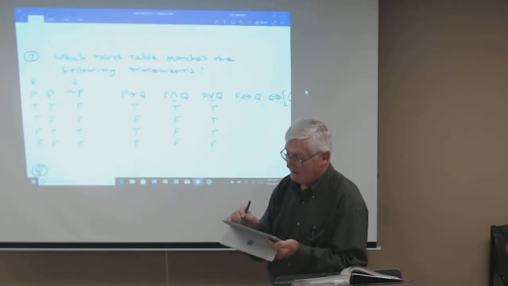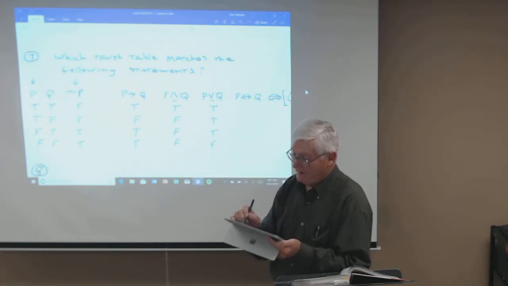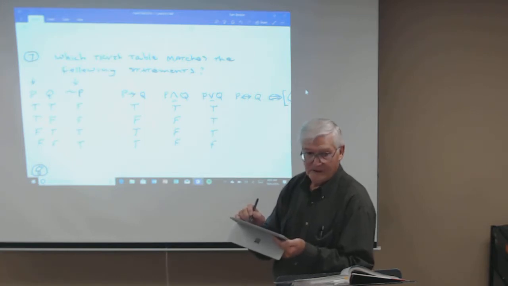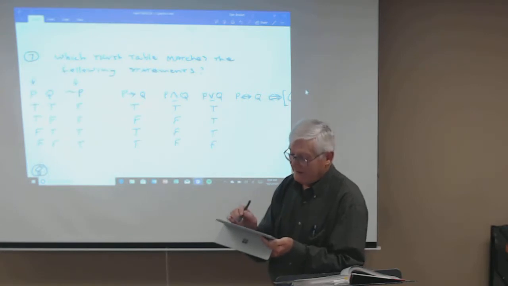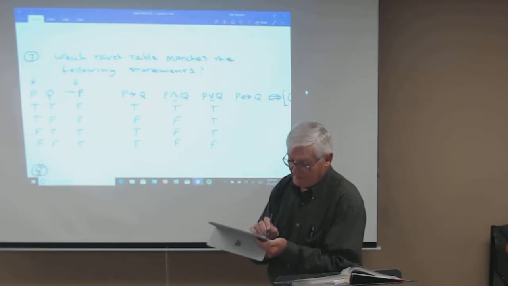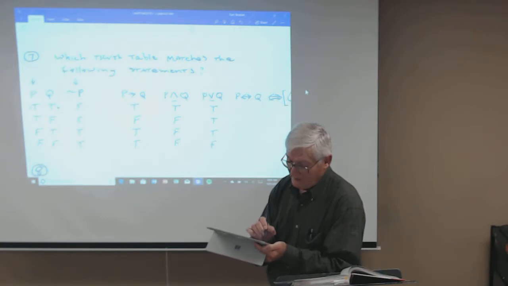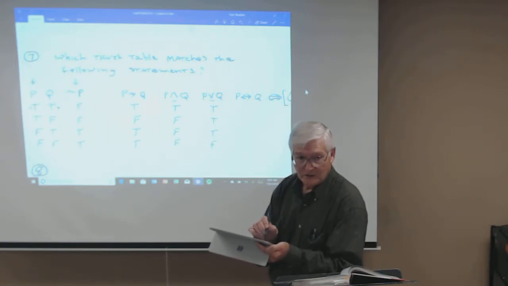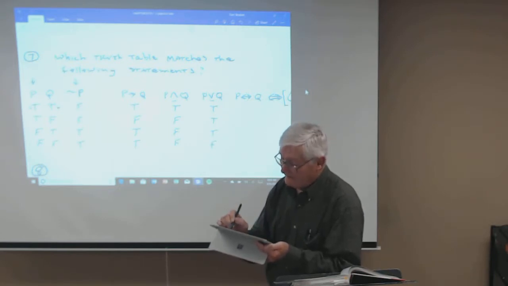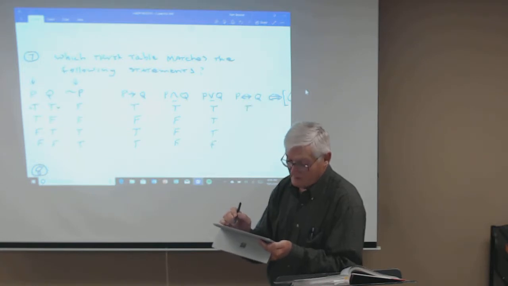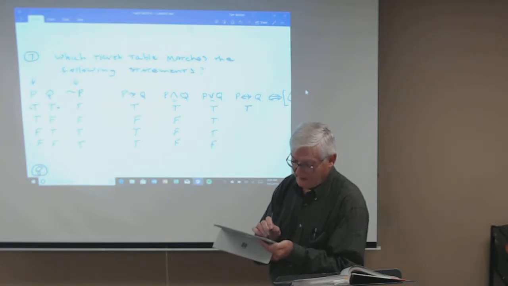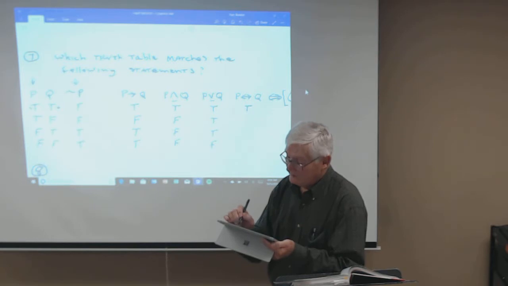Then what's the last one here? Only if. Now, here's what that says. P is true only if Q is true, or P is true if Q is true, and Q is true if P is true. See how it goes both ways. So that would be what? True. Agreed? P is true if Q is false. That's false.